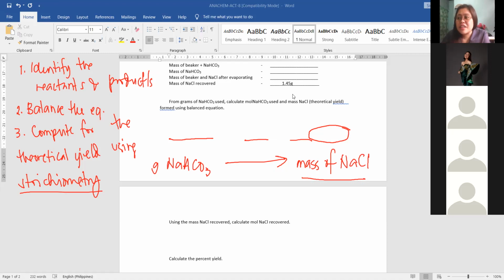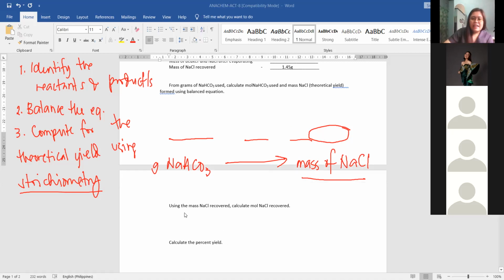Because it is what was produced during the actual experiment. What you compute here as the mass of NaCl is the theoretical yield. So using the computation, that is what supposedly should be produced. But let's see if what is produced theoretically and in the actual experiment are the same.